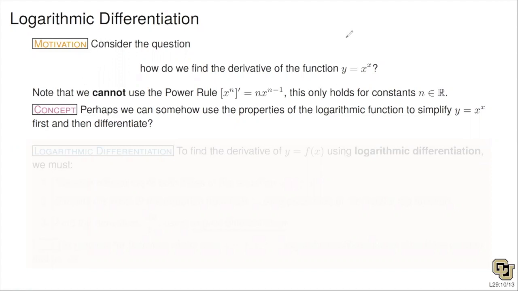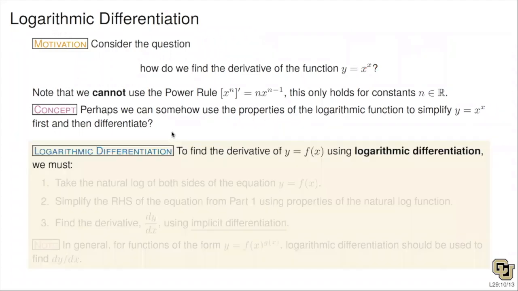One really nice property is, as I mentioned, ln of x to the r is equal to r ln of x. So we can bring down the exponent. The whole problem is I have a variable in the base, but I also have a variable in the exponent. So maybe by using the properties of log, we can bring that exponent down somehow.